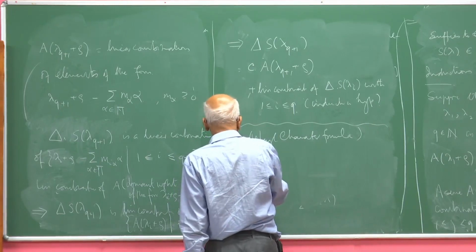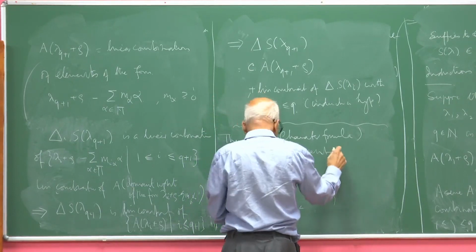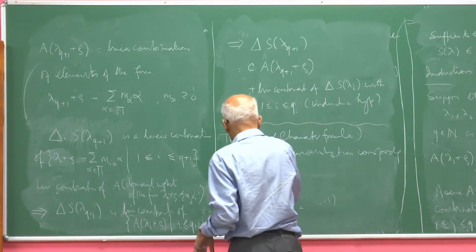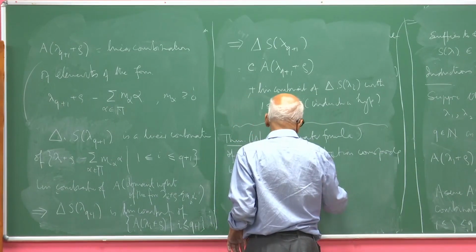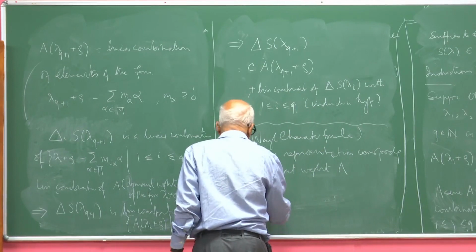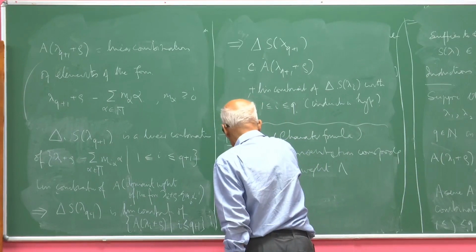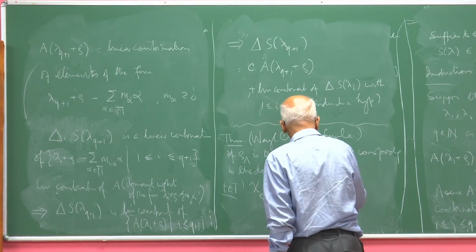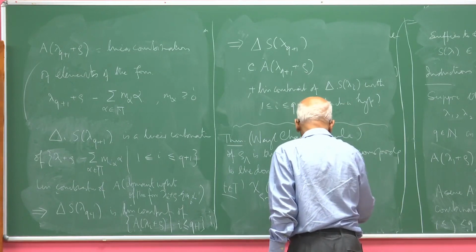If rho lambda is the representation corresponding to the dominant weight lambda, chi of rho lambda on any t, where t is in the maximal torus, equals A rho plus lambda divided by A rho.